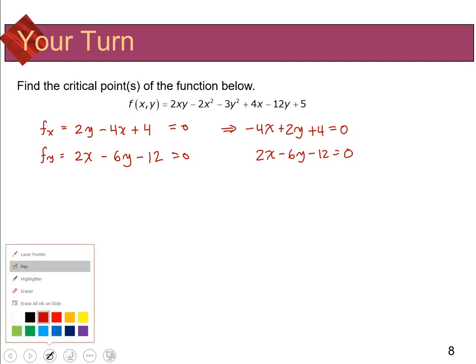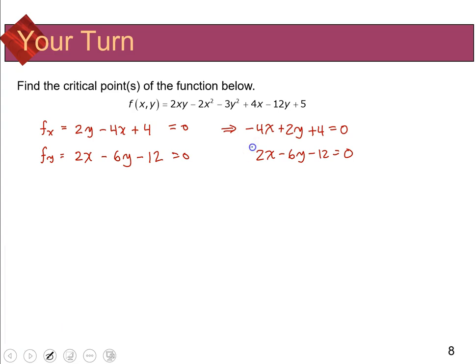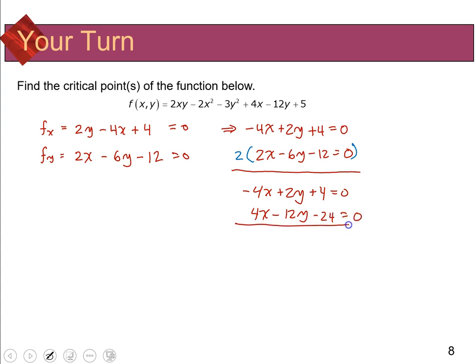And if I look at this, I'm going to choose to eliminate the x's, because if I simply multiply the bottom equation by 2, both sides, I'm going to get a positive 4x, and then when I eventually add the two equations together, I'll have a negative 4x plus 4x. They'll cancel. So what I end up with for my system is negative 4x plus 2y plus 4 equals 0, and 4x minus 12y minus 24 equals 0.